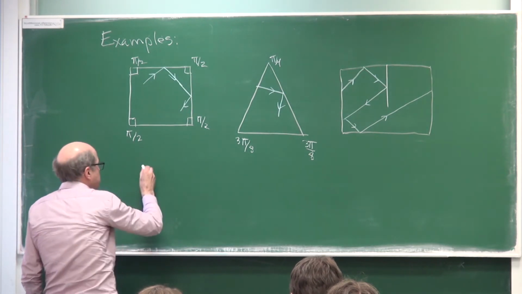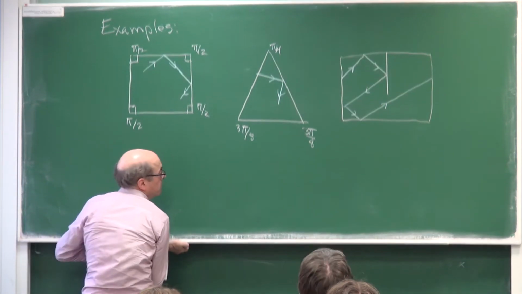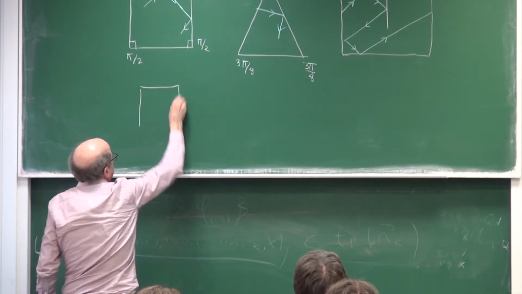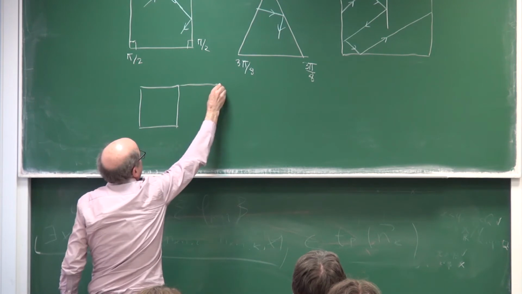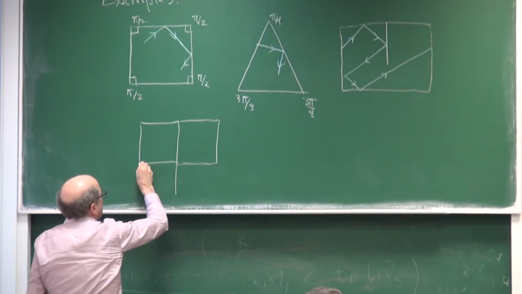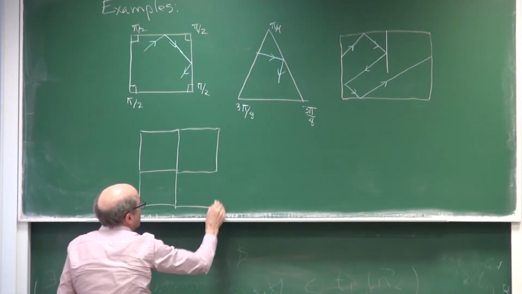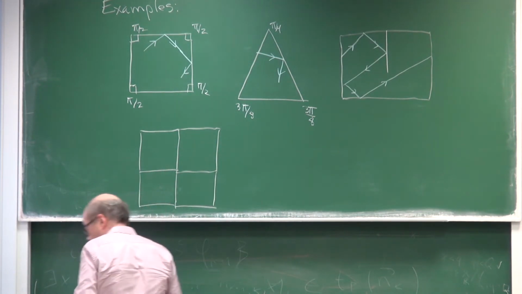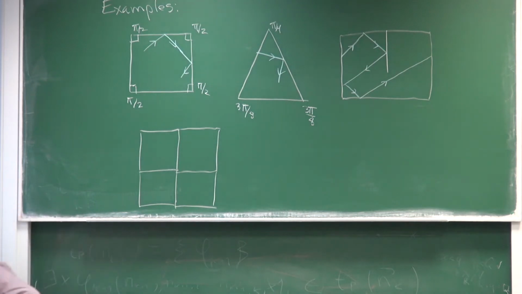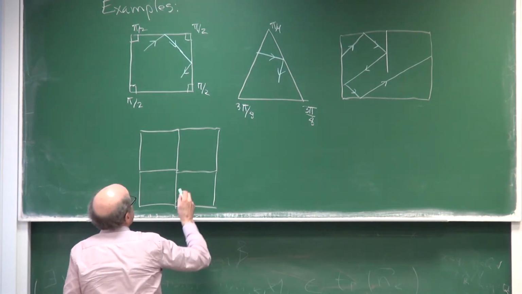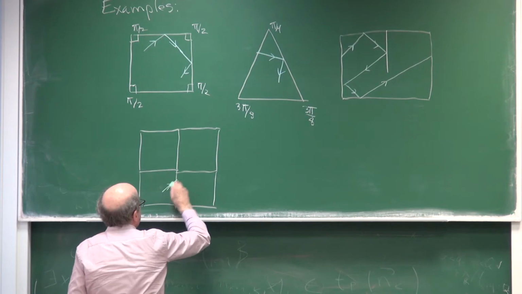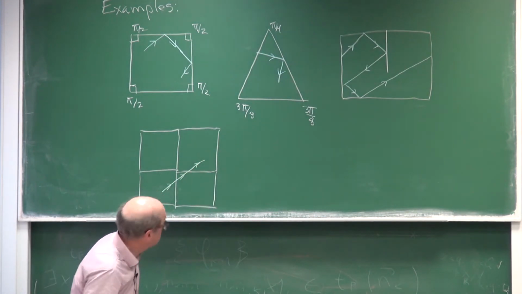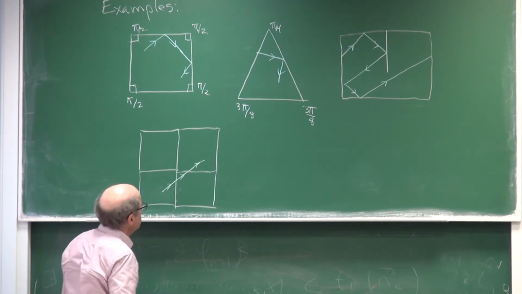So if we take the square here and unfold it, in doing this unfolding procedure, we can think of this as taking our billiard trajectories and straightening them out so they become straight lines.